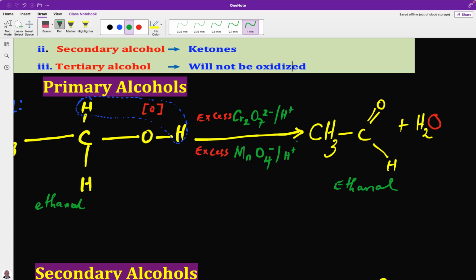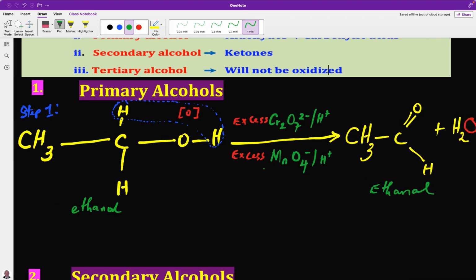In the same way, if a suitable oxidizing agent such as acidified potassium manganate 7 was used as our oxidizing agent, when oxidation occurs, for example, in this very case, the color of the solution will change from purple to colorless.